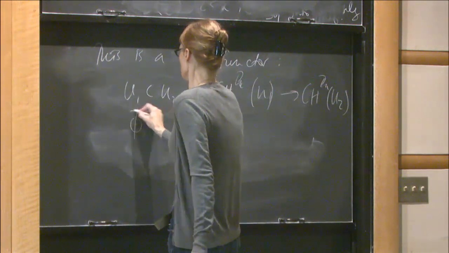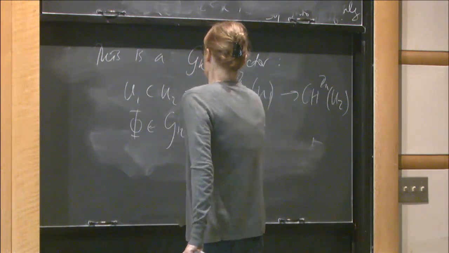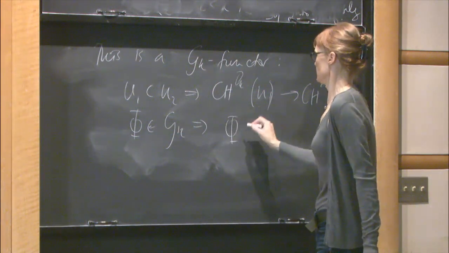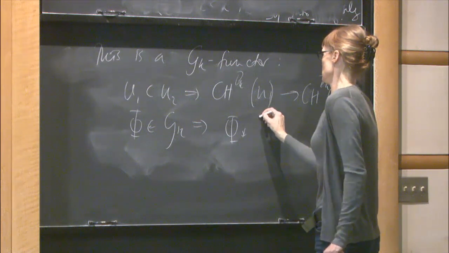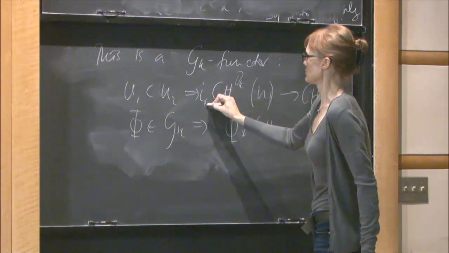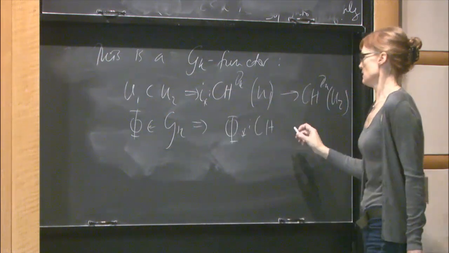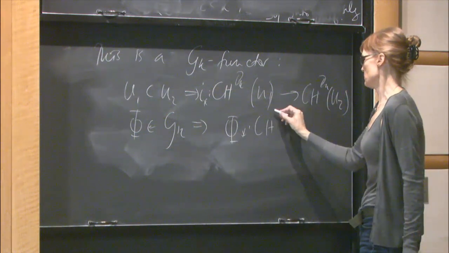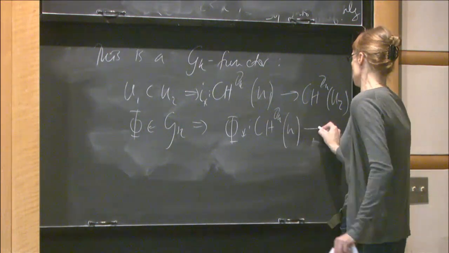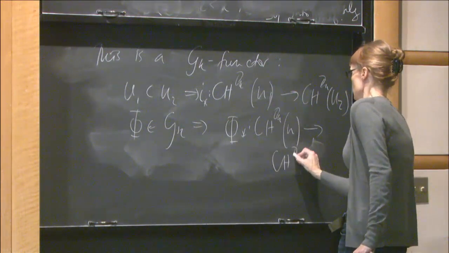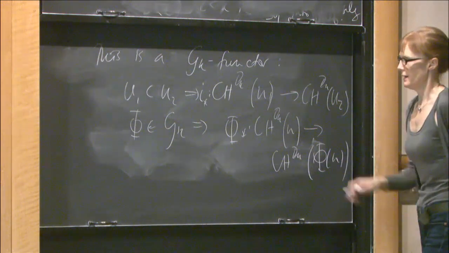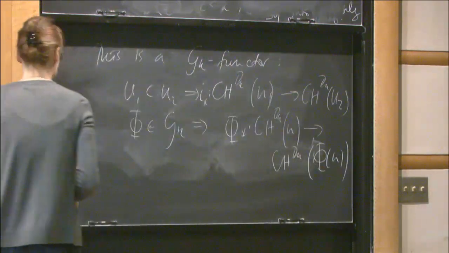If we have a ZK equivariant contactomorphism, then we get an induced map, psi star, for the inclusion. This one will be a map from the contact homology of U to contact homology of psi of U. And these things commute.